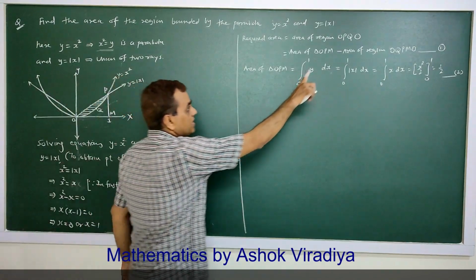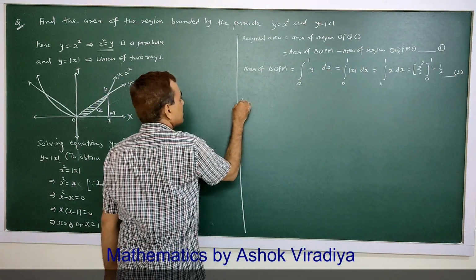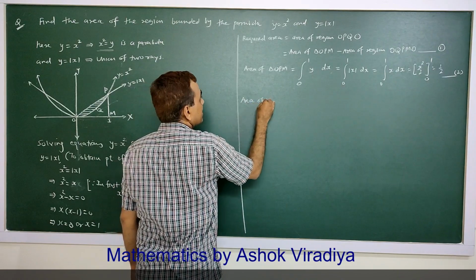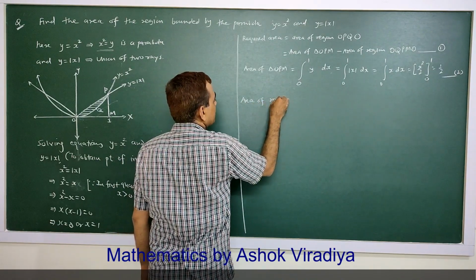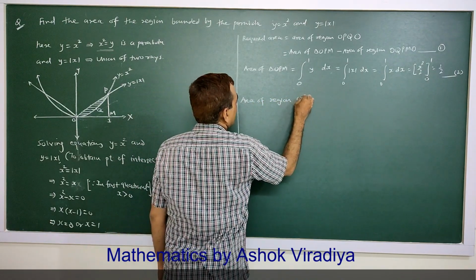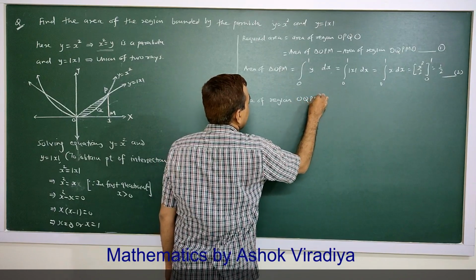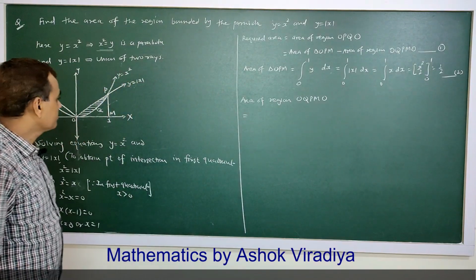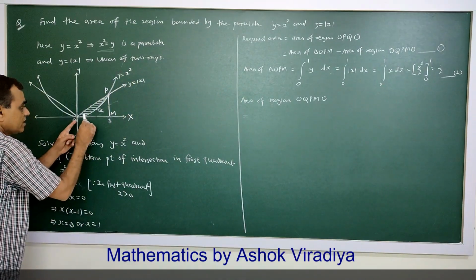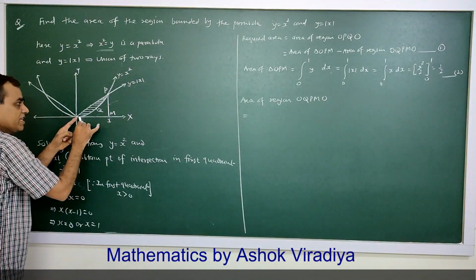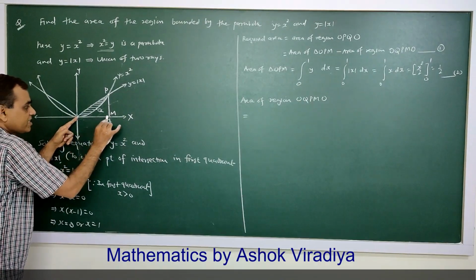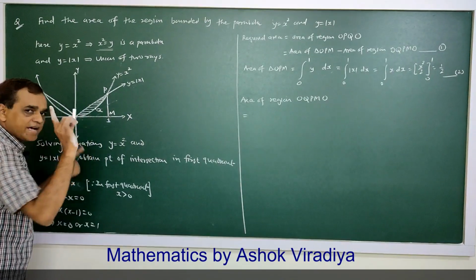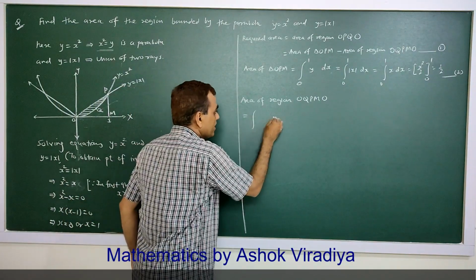Now we calculate the second area. Area of region OQPMO is equal to, now see, we are calculating this area. Here the x axis is the boundary, so put dx.